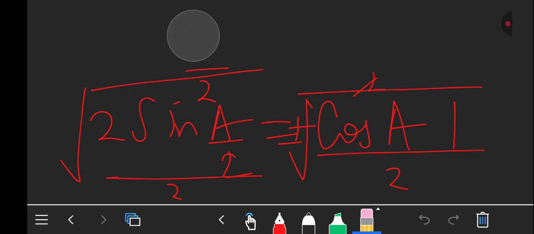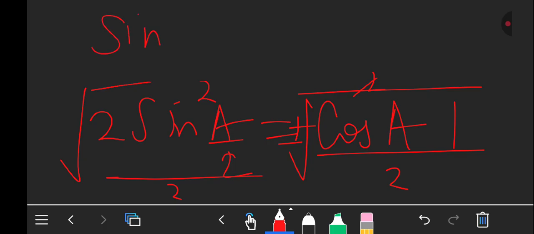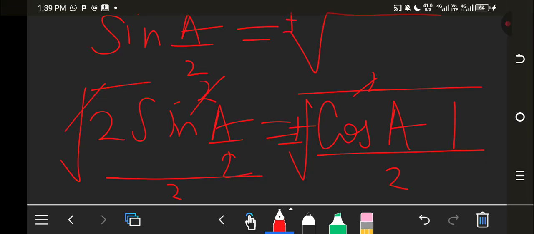So what we have now is that sine a over 2 is equal to, because that square will cancel with the square root, the square root, and the result can either be positive or negative.